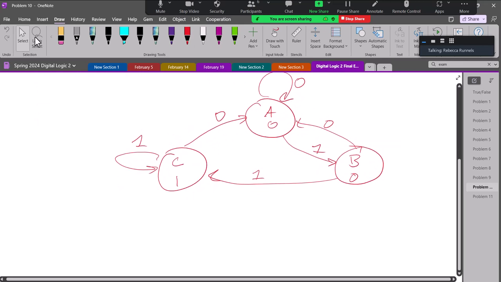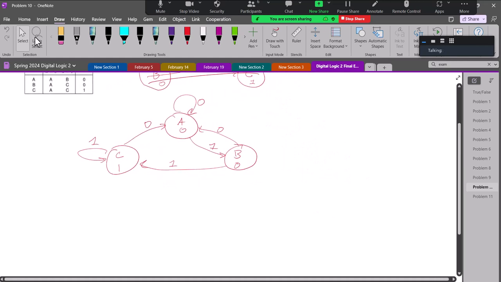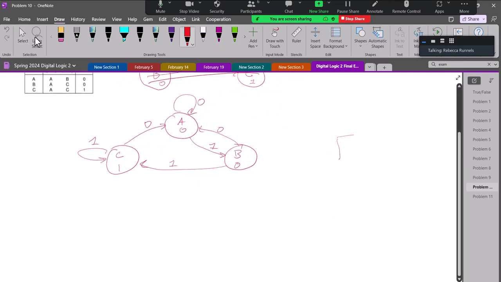Okay, so we'll represent our states with little rectangles. So this will be A, and I'll put my output on the state. I can say Z equals 0.